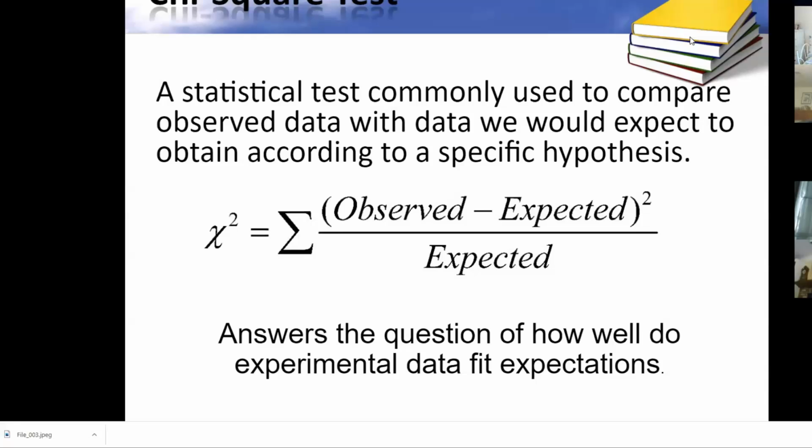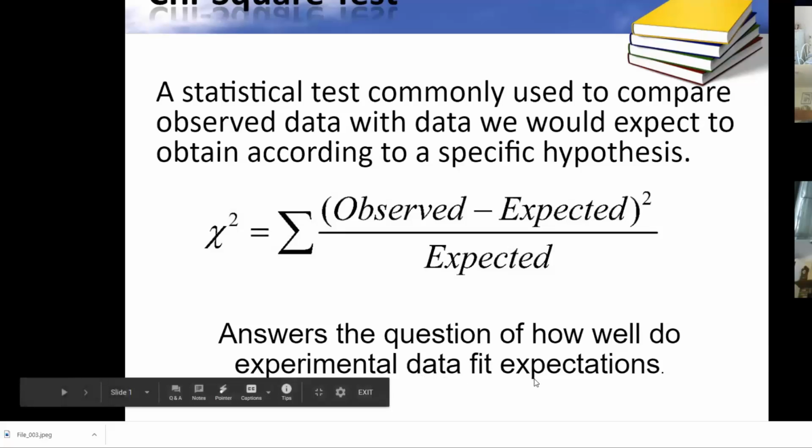So there's a t-test, there's standard deviation, there's chi-square, and today we're going to do the chi-square. It's a statistical test commonly used to test if the results fit your hypothesis. How well do your experimental data fit expectations? This is often called the goodness of fit.